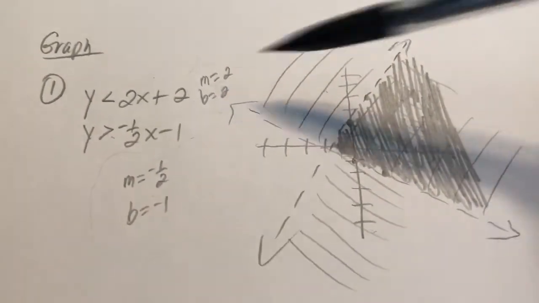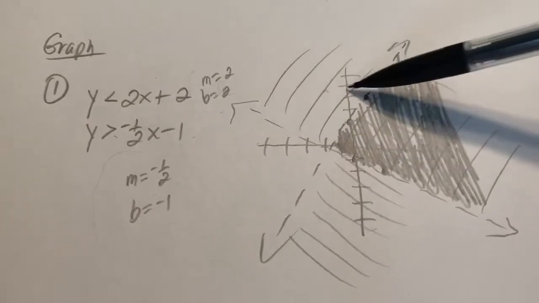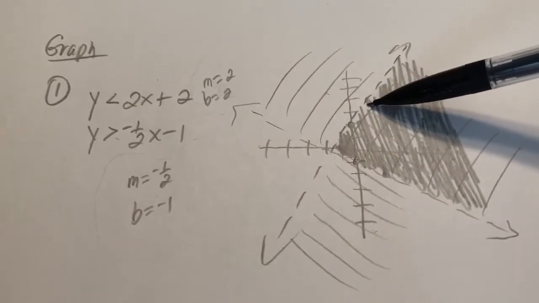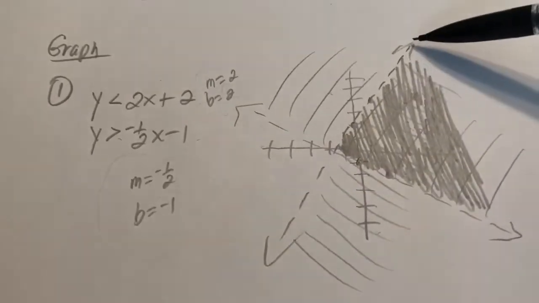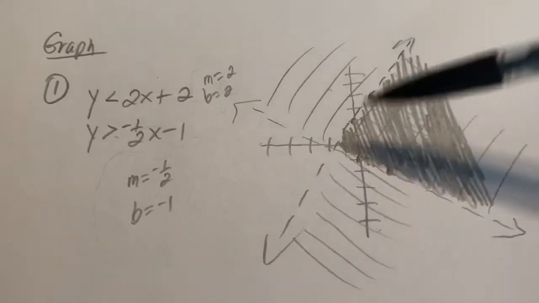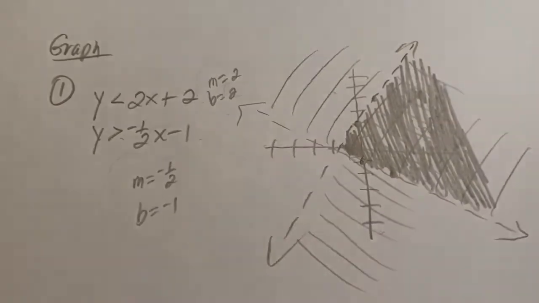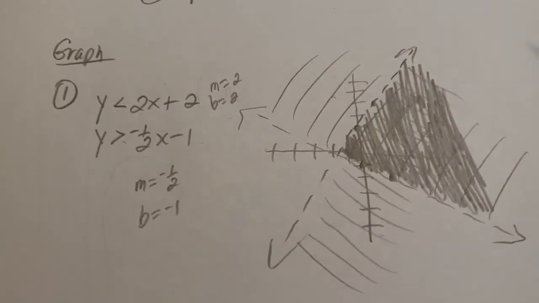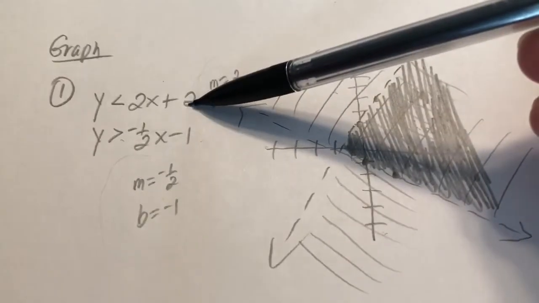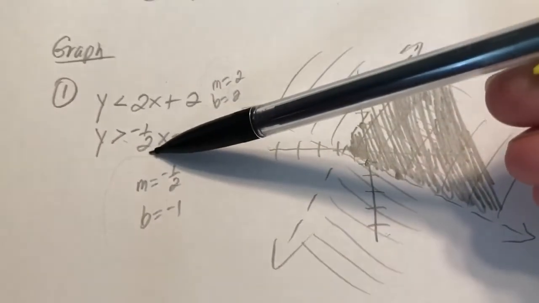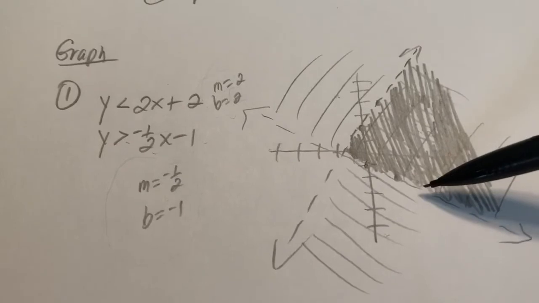So it's 2 points for plotting B and applying slope correctly. It is a point for using the correct line, whether it's solid or dotted. It's a point for shading correctly. So just for this one part, I'm up to 4 points. And I haven't even gotten to this line. That's another 4 points.